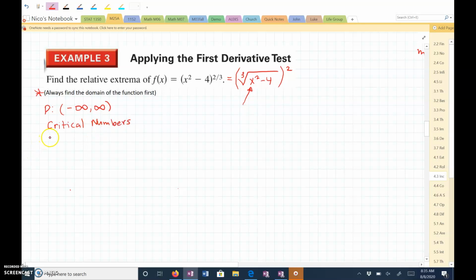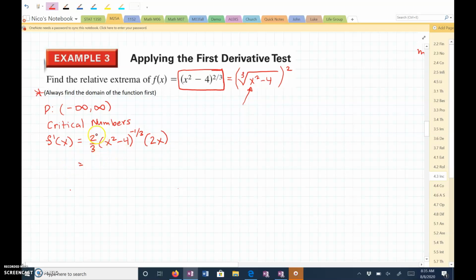So first we're going to take the derivative of the function. I'll take it in this form. This is going to be the chain rule. So it's going to be 2/3 x squared minus 4 to the negative 1/3 power times 2x.